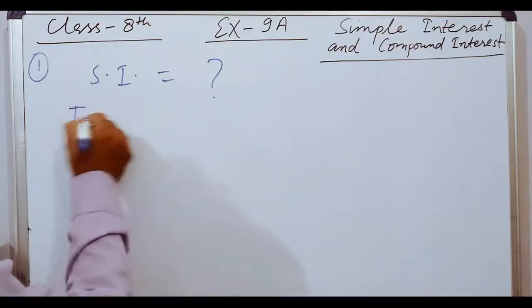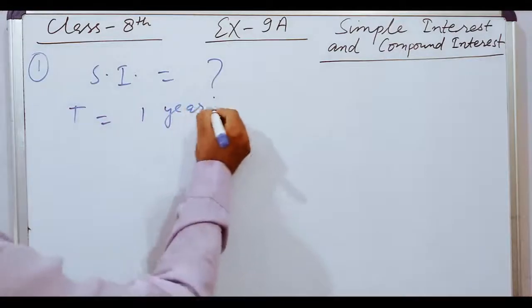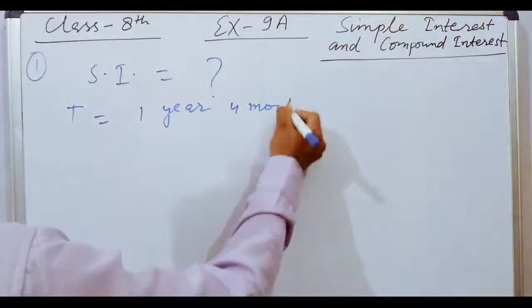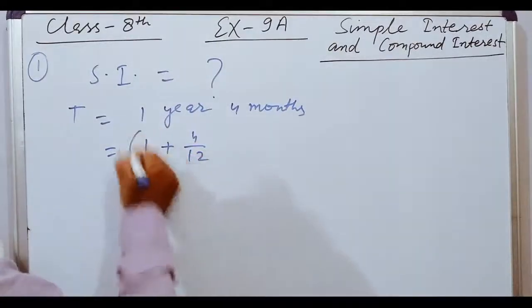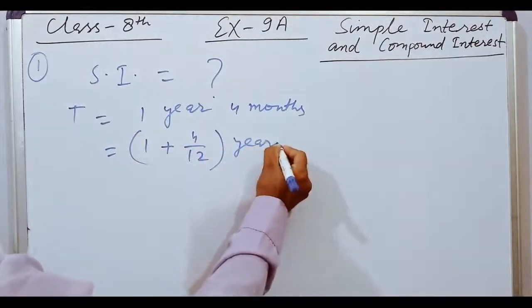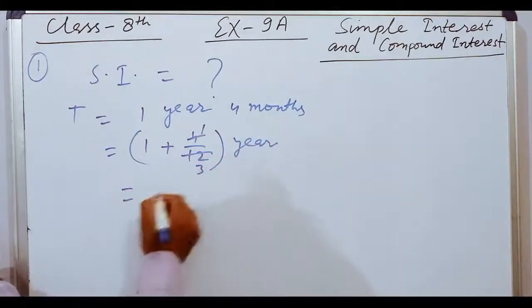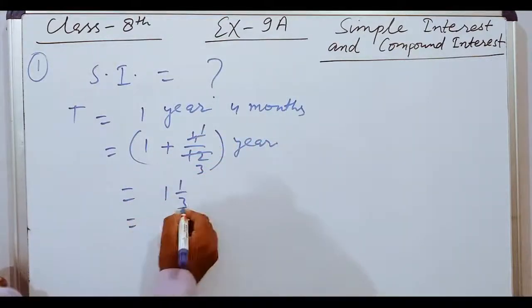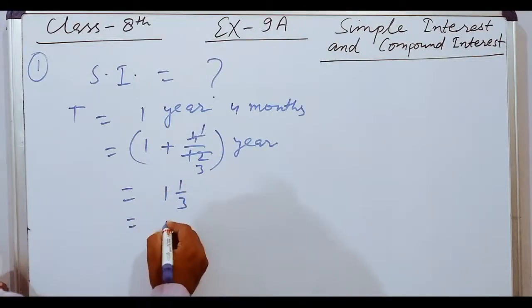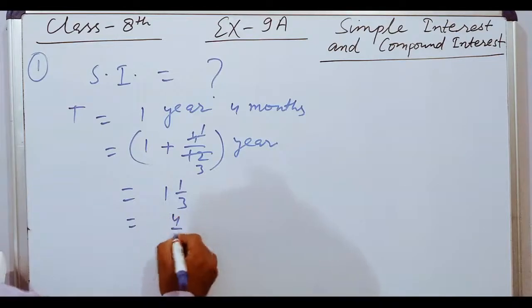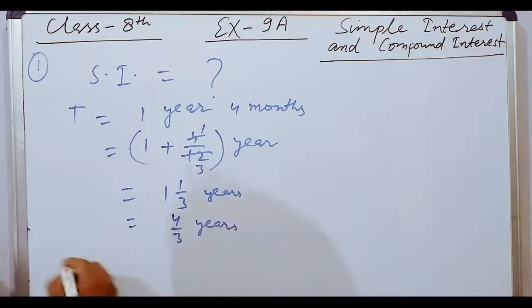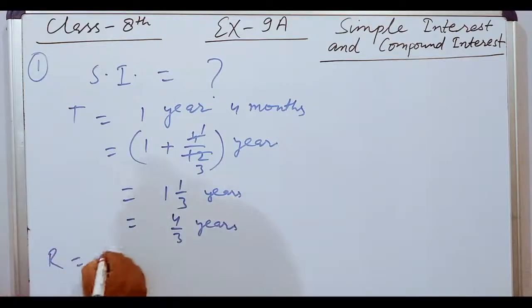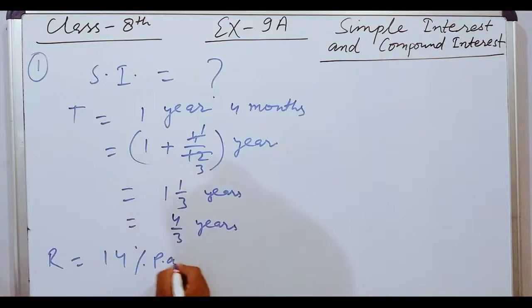Time equals 1 year 4 months, that is 1 plus 4 upon 12 years. 4 3s are 12, so 1 whole 1 upon 3, that is 3 plus 1, 4 upon 3 years. Then rate equals 14% per annum.